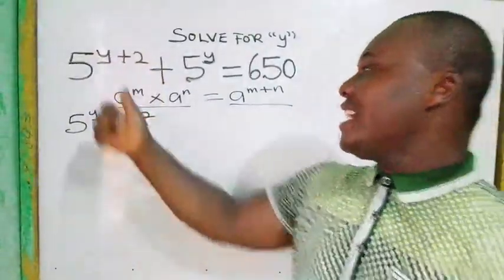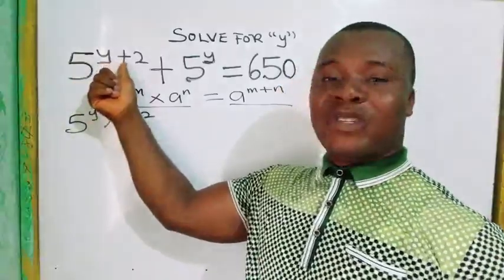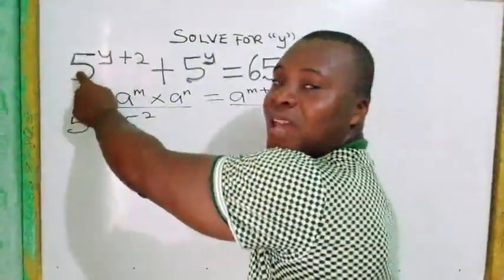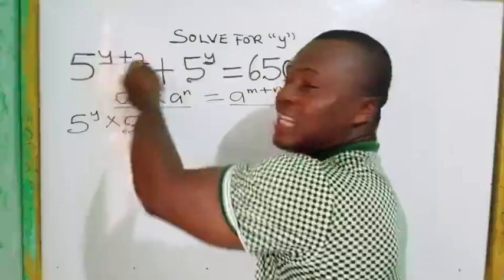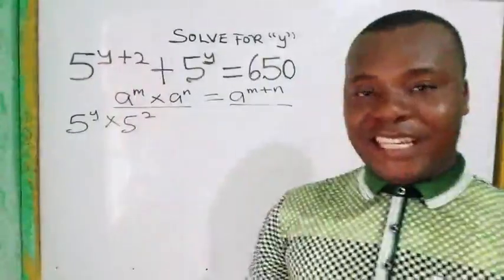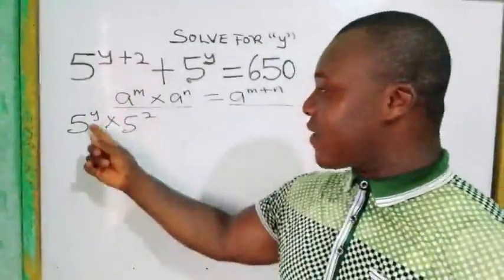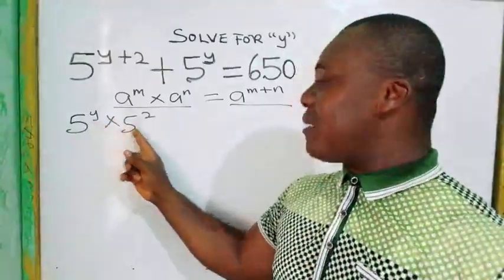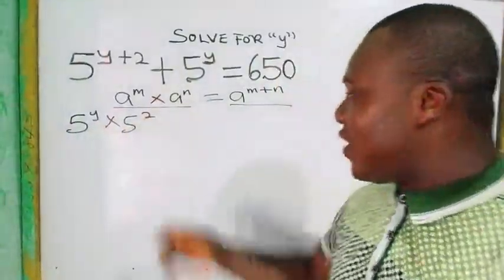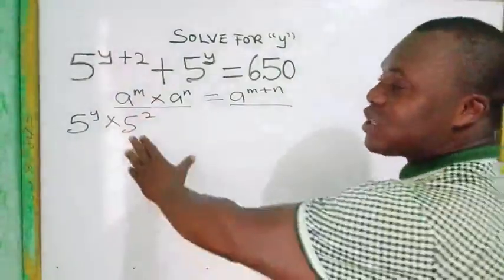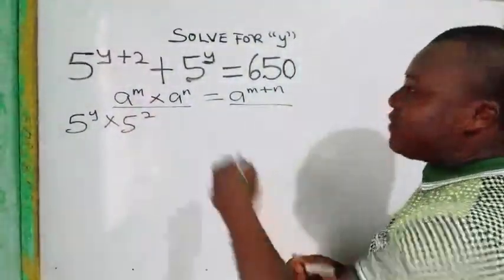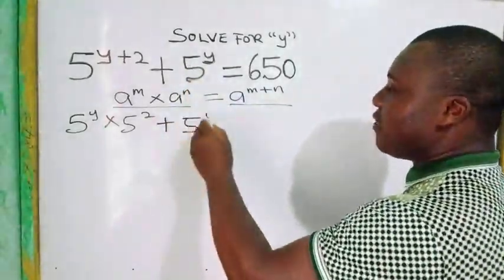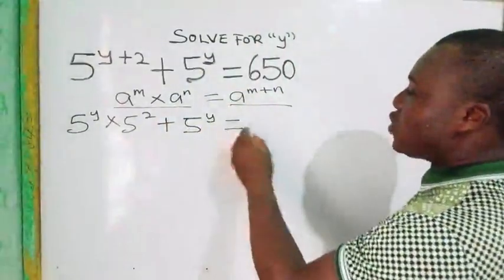What it means is that this exponent y plus 2 has effect on this 5. So this 5 being the base is having effect on the y plus 2. So we can write base 5 raised to the exponent y times 5 raised to the power 2. So now we are going to have plus 5 raised to the power y equal to 650.